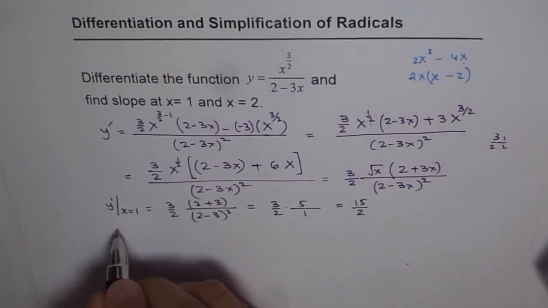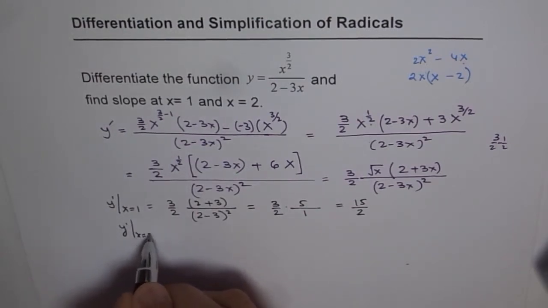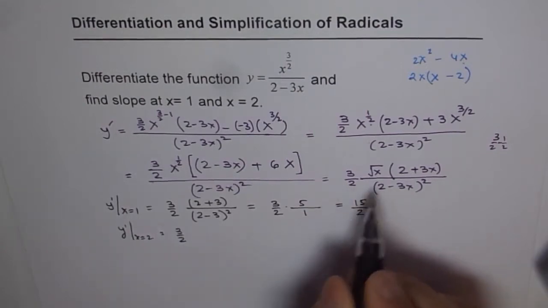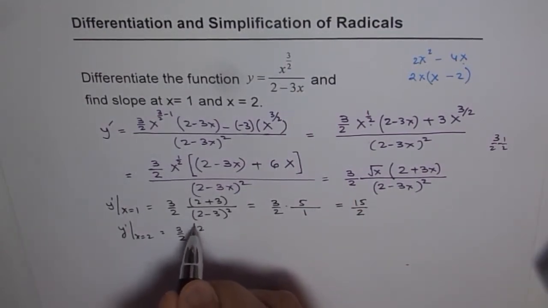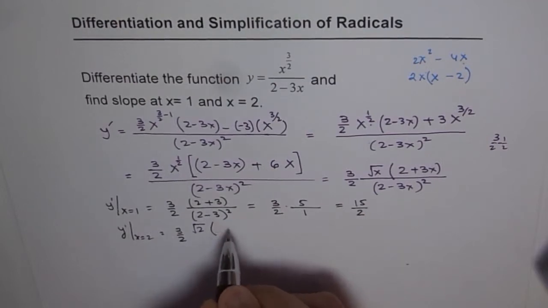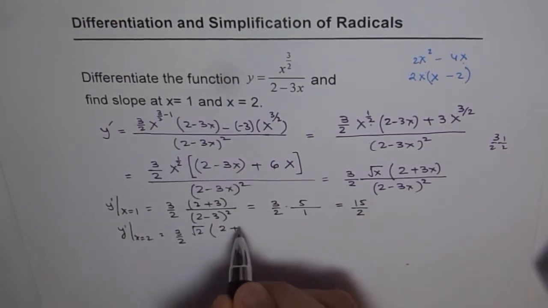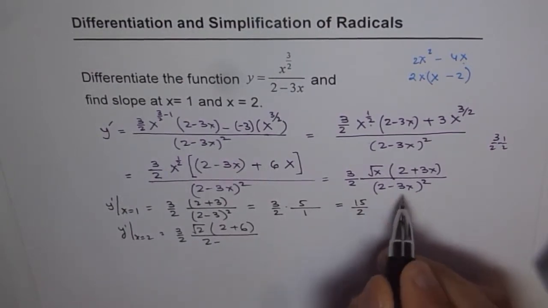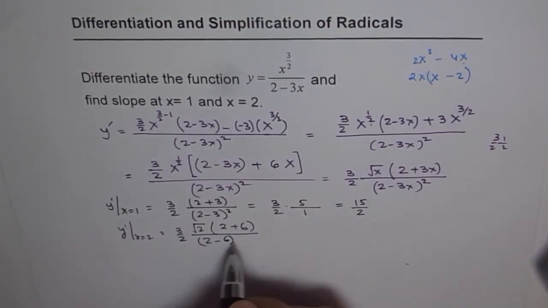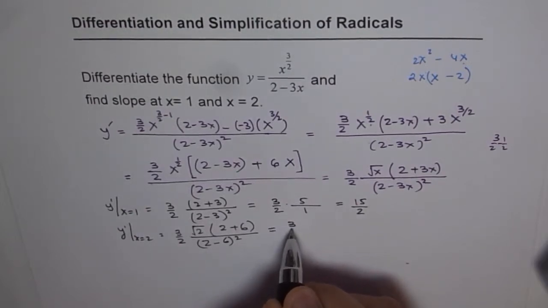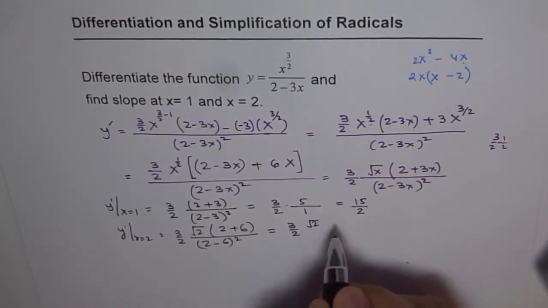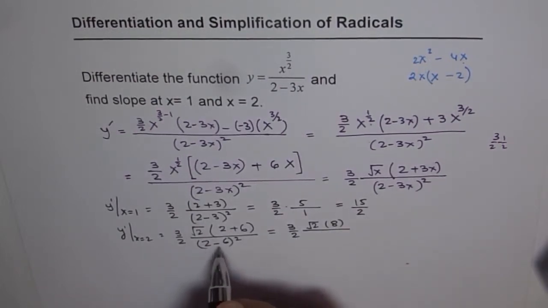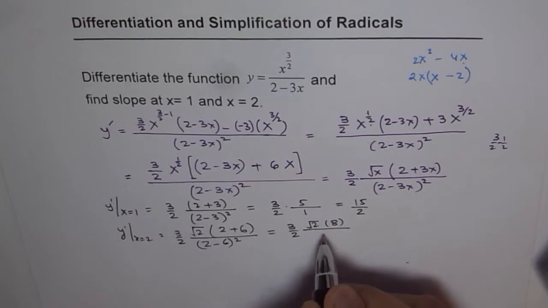Now at x equals 2, y dash at x equals 2 is, just plug in 2 here this time. So we have 3 over 2 square root of 2, times 2 plus 2 times 3 is 6, over 2 minus 2 times 3 is 6, whole square. That gives us 3 over 2 square root of 2, and 2 plus 6 is 8, divided by 2 minus 6 is minus 4, which squared is 16, right?